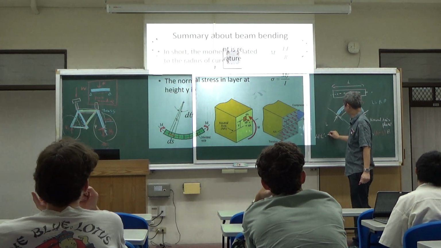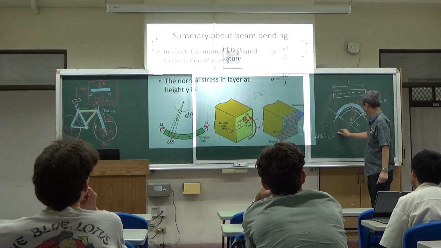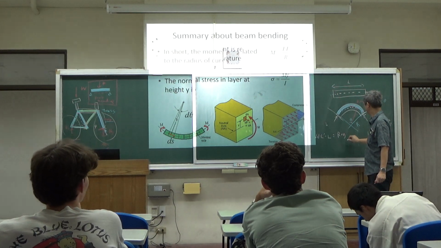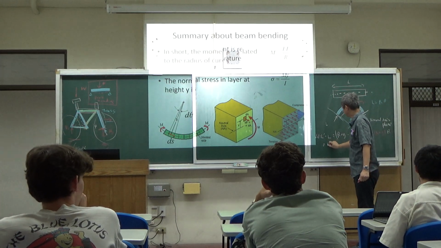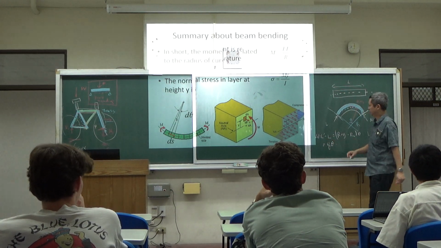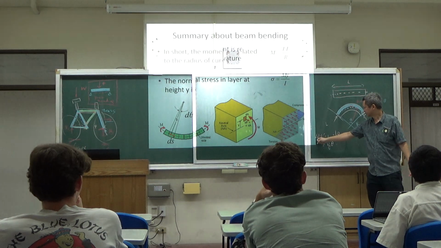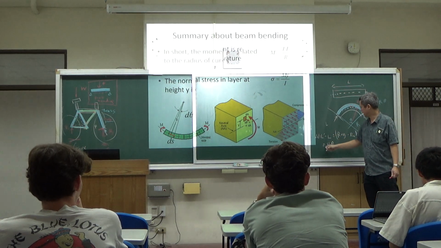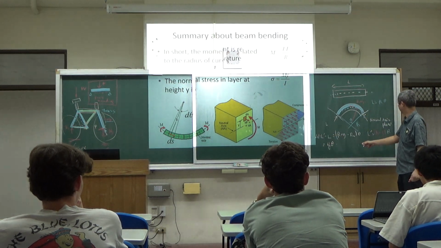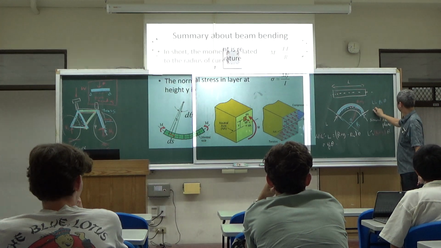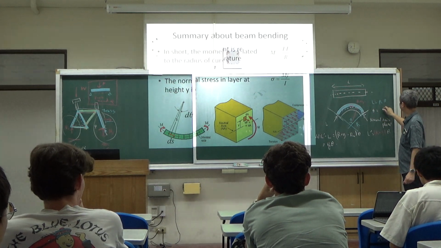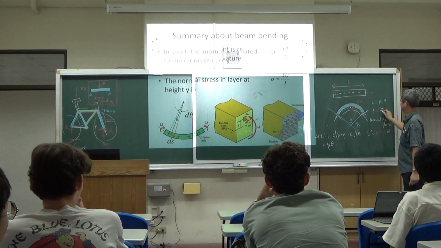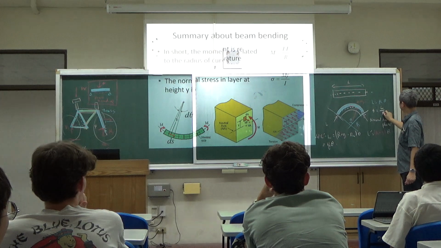L prime minus L is equal to (r plus y) theta minus r theta. So in this case, the length change is equal to the height y and the angle theta. And what is your angle? Accordingly, your angle can be determined from the arc length divided by the radius.